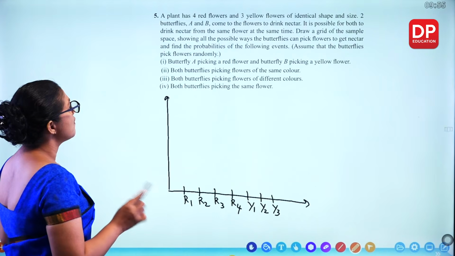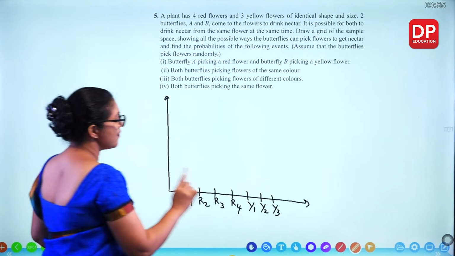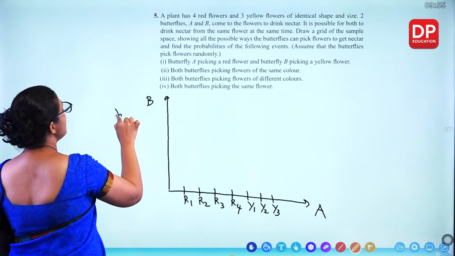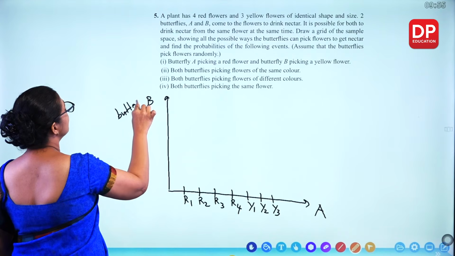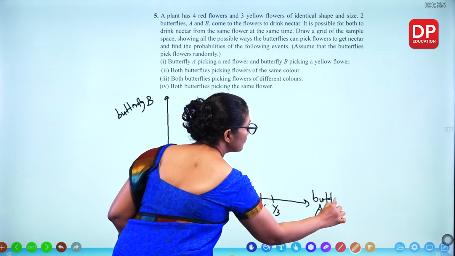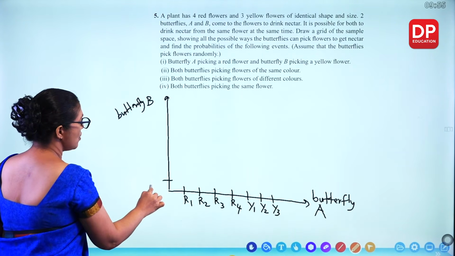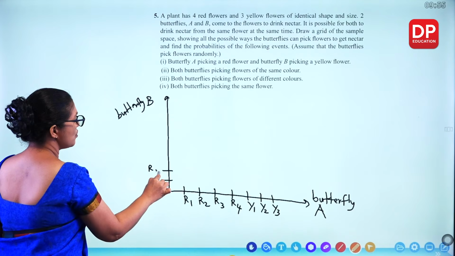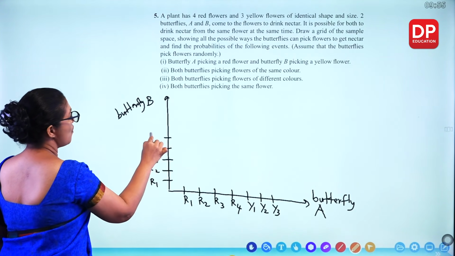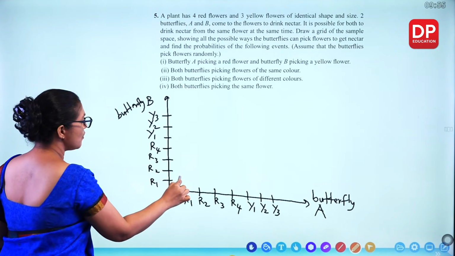And 2 butterflies are A and B. So I can write this is butterfly A and this is butterfly B. What are the possibilities? Here also red 1, red 2, red 3, red 4, Y1, Y2, Y3.